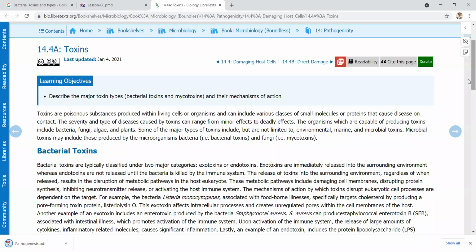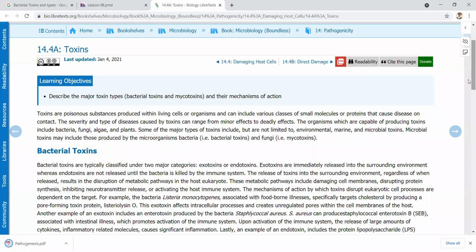It depends upon what kind of toxin has entered and what the target organ is, and then the effect will be seen in a person. There are some toxins which are neurotoxins, which affect the nerve cells. Their target cells are the nerve cells, not any other cells. So based on their target, the effect will be seen in a host.